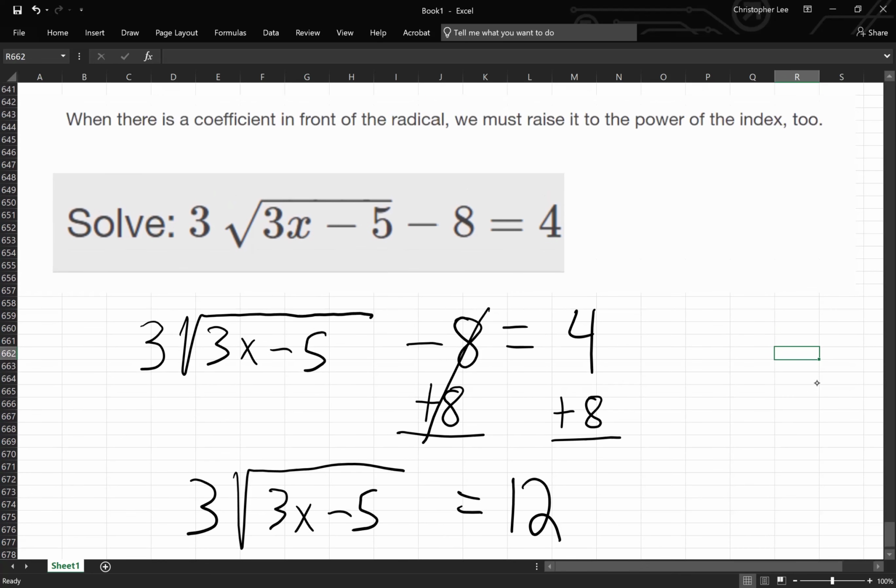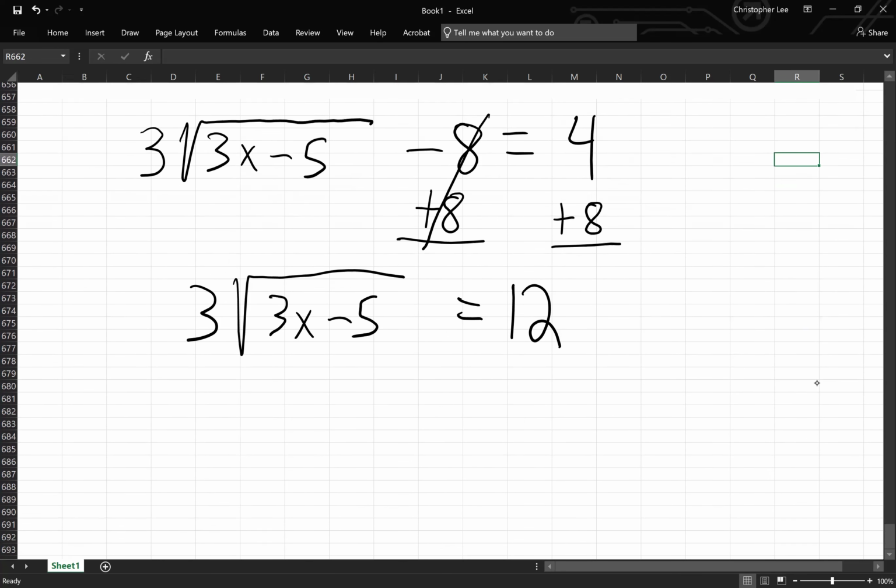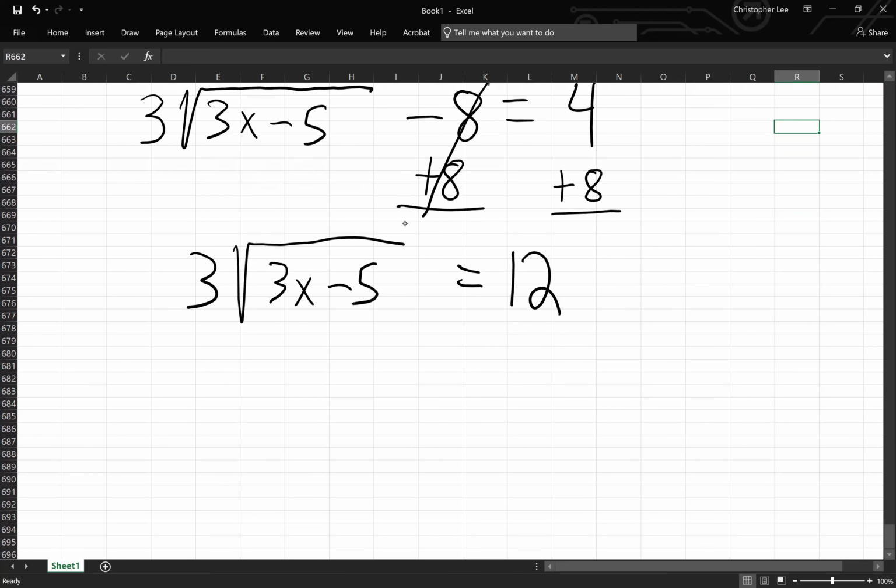But according to the hint that they're giving to us, you could raise this to the second power to get rid of the root. This is another way you could do it, right? Me personally, I would have divided by 3 on both sides and kept going, but to each his own, right? Let's just see what happens when you do it this way.